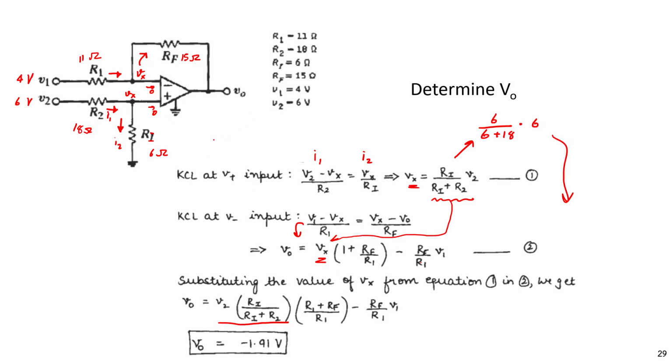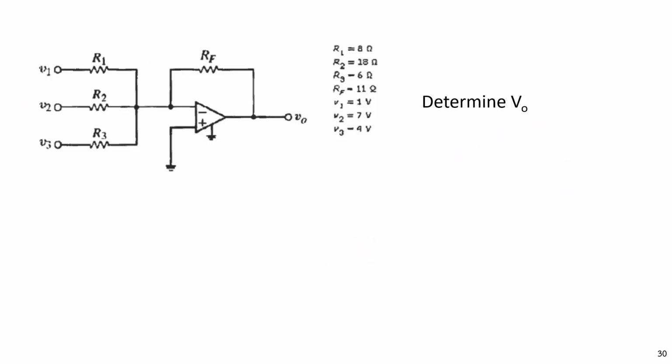This is the op-amp circuit of this connection. In fact, this is a kind of differential amplifier here. Yeah, what is this? This should be the summer amp, right?